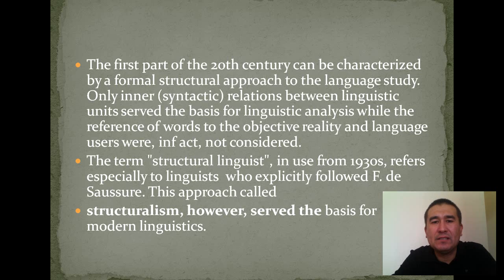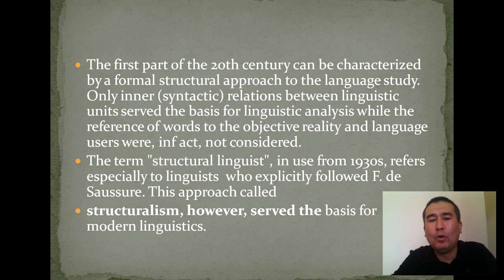The first part of the 20th century can be characterized by a formal structural approach to language study. Only inner syntactic relations between linguistic units served as a basis for linguistic analysis, while the reference of words to objective reality and language use were in fact not considered. The term structural linguist, in use from the 1930s, refers especially to linguists who explicitly follow Ferdinand de Saussure.